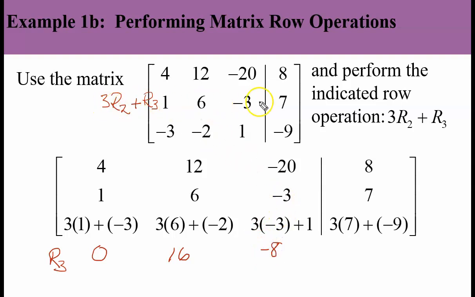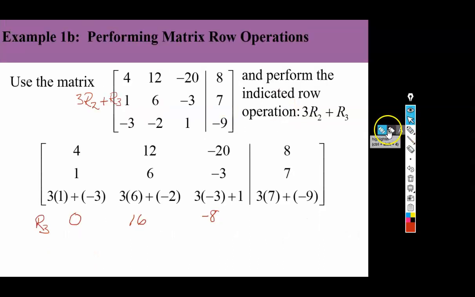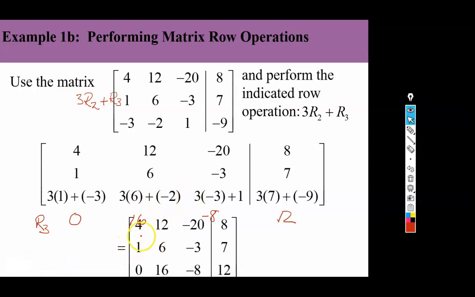And then 3 times 7 gives you a 21 minus 9 is 12. So again, following what we're doing slowly and carefully, let's see it here. It gives us our new matrix as we see right there. Okay, let's pause.